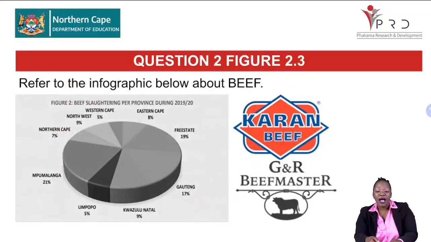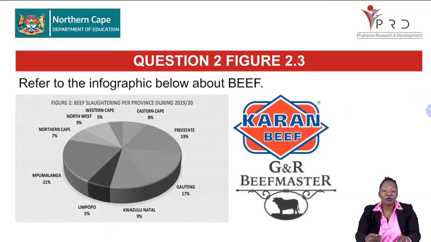Then by now you should have your 15 marks from 8 marks in figure 2.1 and 7 marks in figure 2.2. Now we come into figure 2.3. Remember your figure 2.3, now you will have your one word, your short medium questions, whereby you need to describe or explain 1 times 2 or 2 times 2, or the long questions, which are your 3 times 2 as well as your paragraph question.